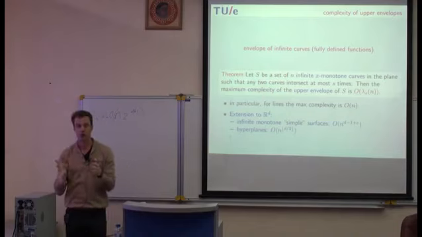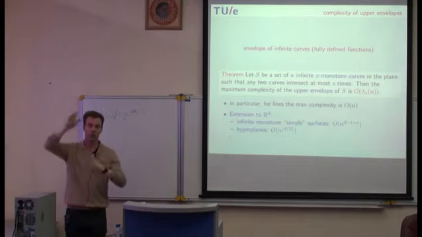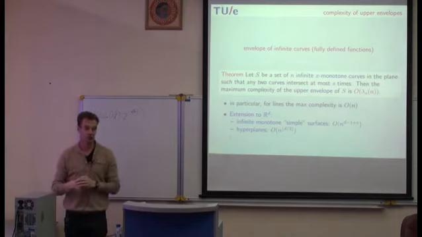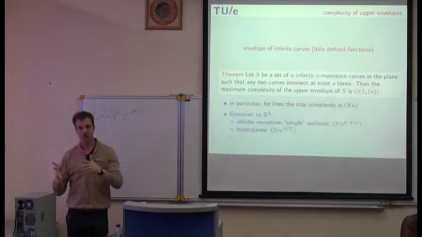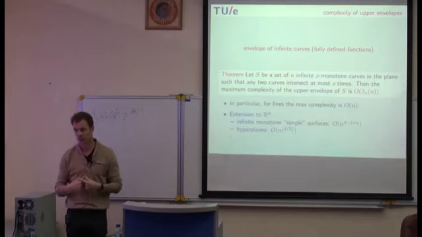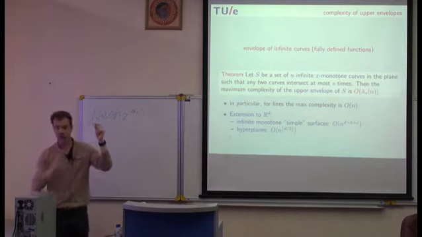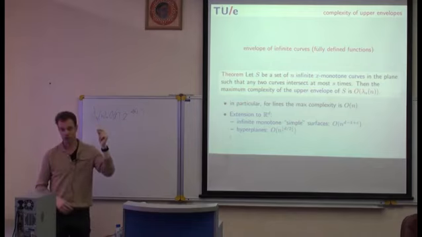Okay, so for instance, let's say you have hyperplanes in 3 dimensions. Do you see that the complexity of the whole arrangement would be n to the power 3? Well, what's a vertex in this 3-dimensional arrangement?